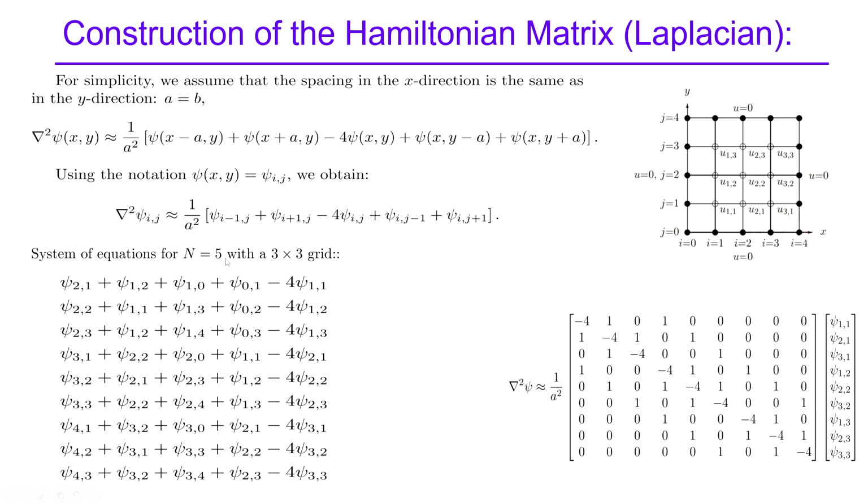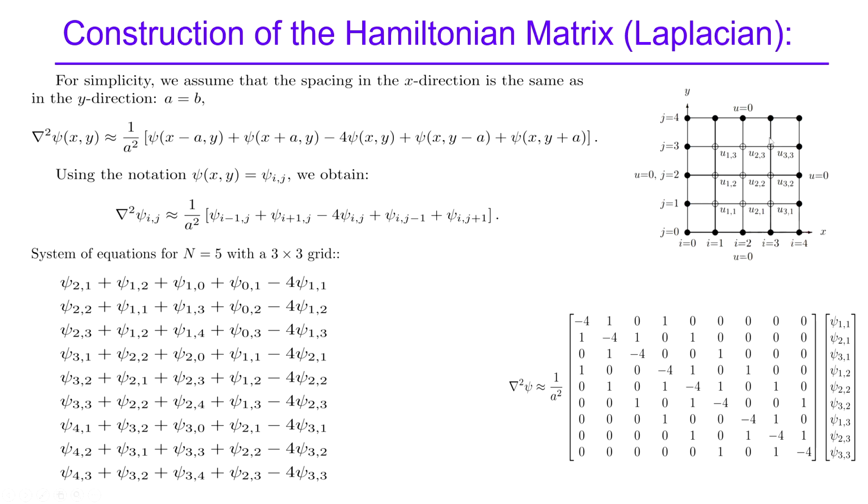We have 5 nodes. Those were the external nodes. And the importance here is the internal nodes. The internal nodes are 3 for the horizontal axis, and for the vertical axis 3 too.